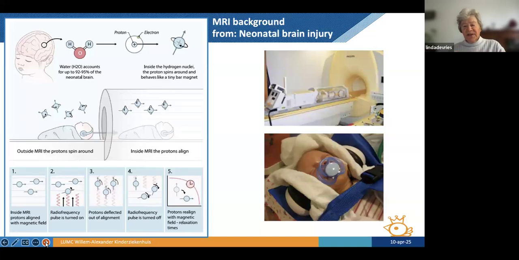But you can imagine that if you go through the fluid, like the CSF, this happens very rapidly. But if you go through the tissue, you got a different timeline, then it will go very slowly. And because for every tissue, also for injured tissue, this will be different, you can kind of get a lot of detail of the different tissues that you have in your brain or elsewhere in your body.